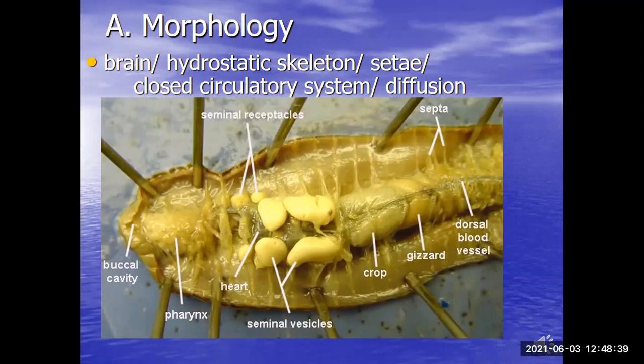Here is a diagram that shows you a little bit about reproduction in the earthworm. Earthworms are monoecious, but they cross-fertilize. They have the equipment to self-fertilize, but in order to increase genetic variability, they go head-to-head, and they form a mucus bag around this section right here.